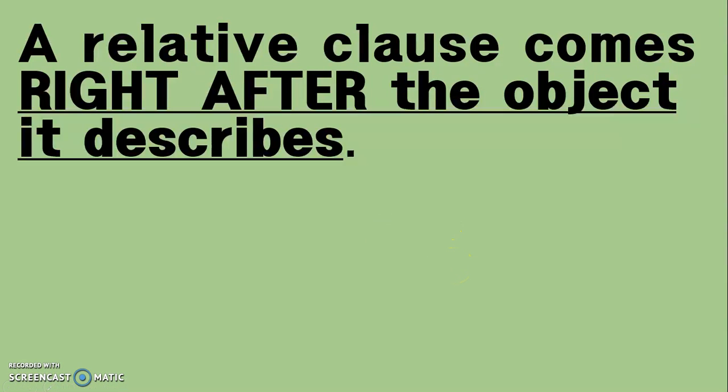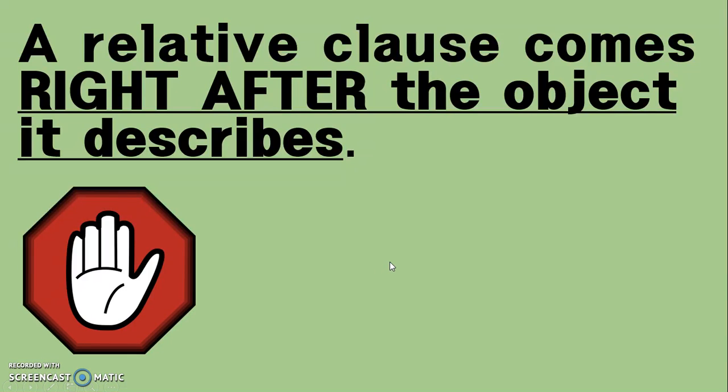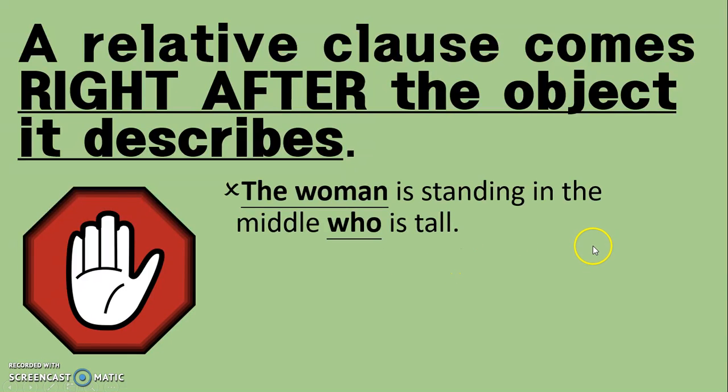One very important rule to remember is that the clause comes right after the object it describes. It cannot be put anywhere you want it to be. What does that mean? Let's look at this wrong sentence. The woman is standing in the middle who is tall. Of course, this sentence is wrong, but why is it wrong? Well, it is because the clause who is tall is describing the women.